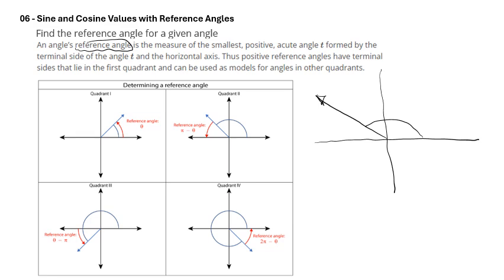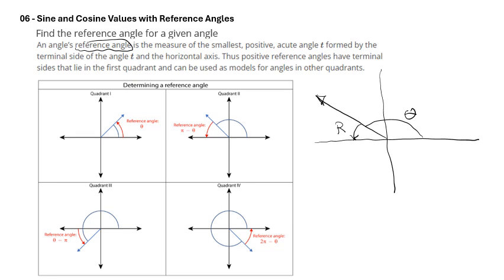In other words, just look at the visuals here, which I'm about to walk through. The one I'm drawing here, this angle here, theta, the reference angle is this angle right here, okay? That angle right there is the reference angle because that's the smallest positive angle the terminal ray makes with the x-axis, all right? It's going to be an angle between 0 and 90 degrees.